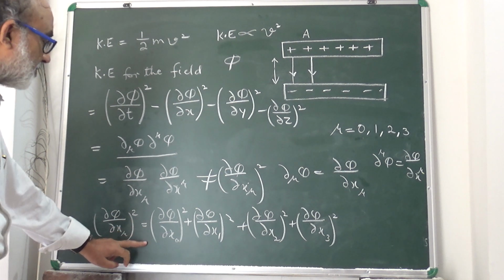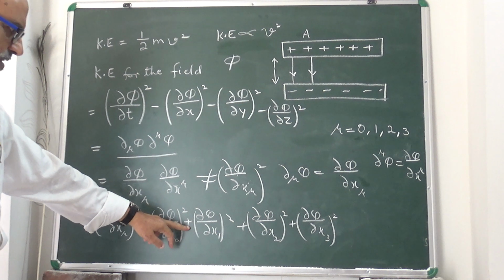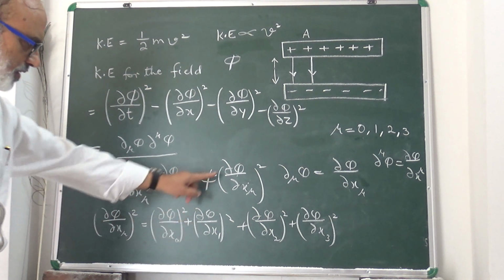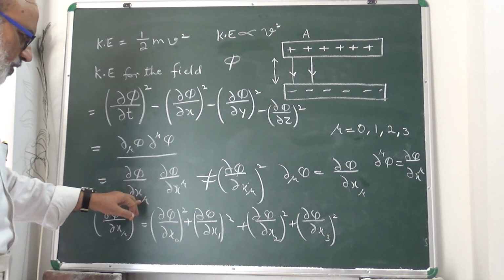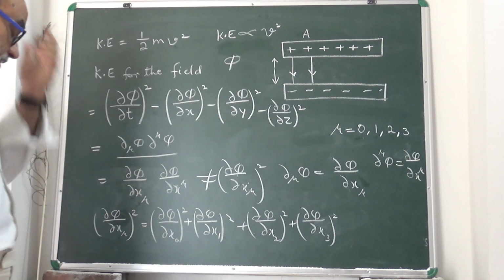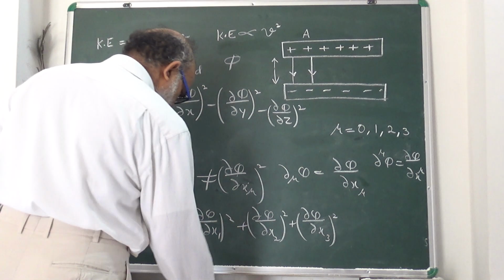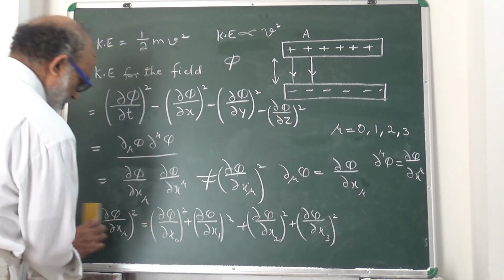But what we have to obtain has a minus sign for the space parts, and here it would be a plus sign. So that is why it is not written like this; it is written with one subscript and then one superscript. And we will discuss why we are writing it like this.